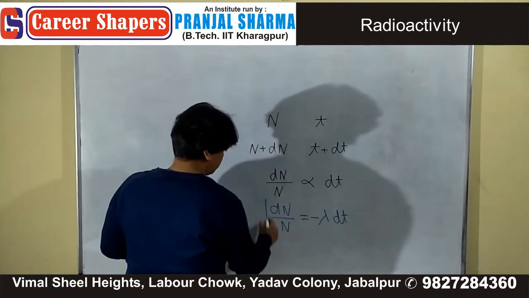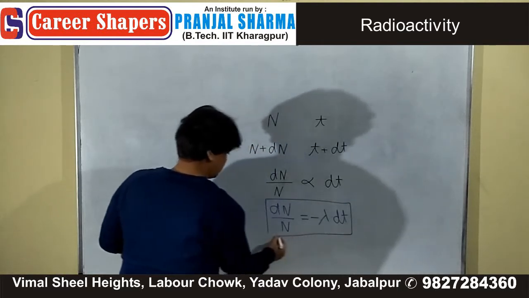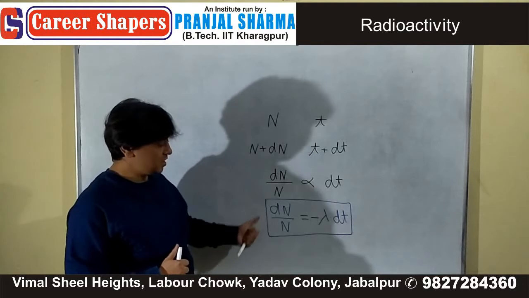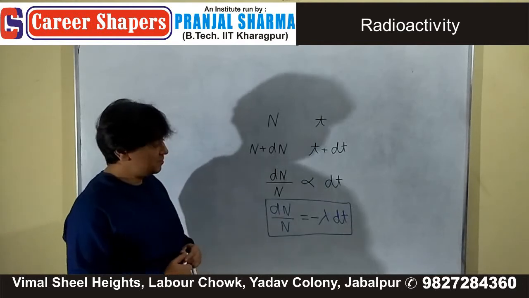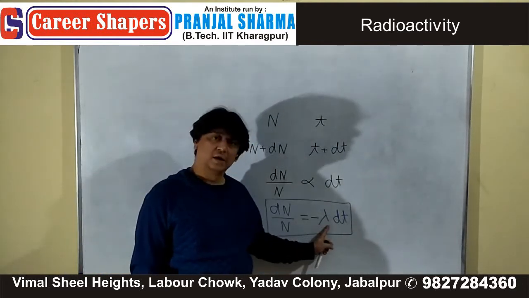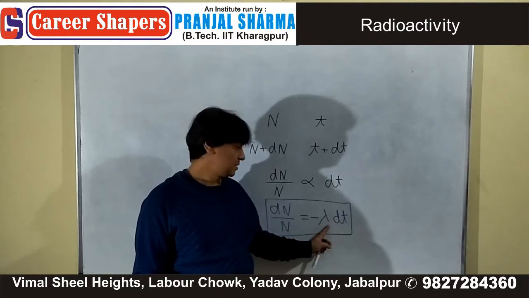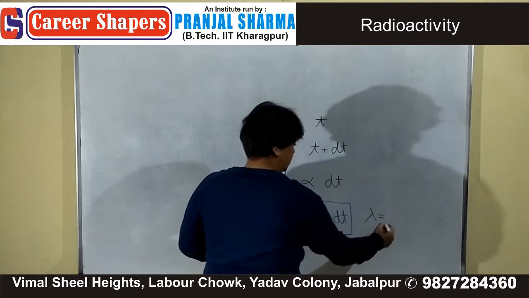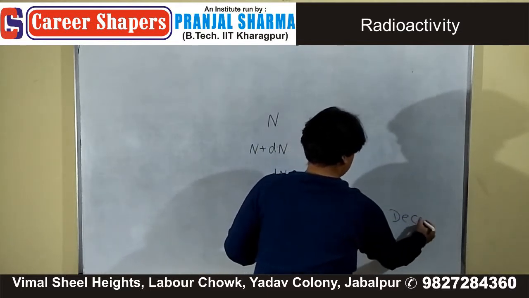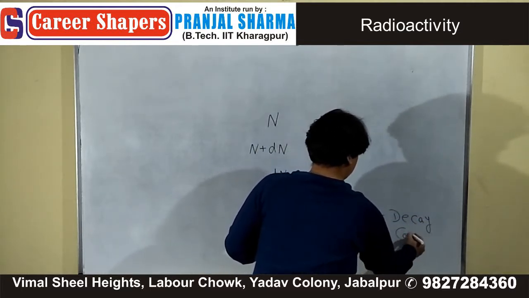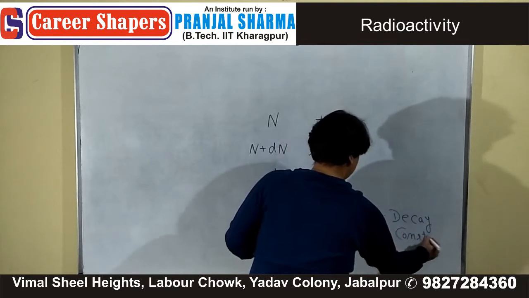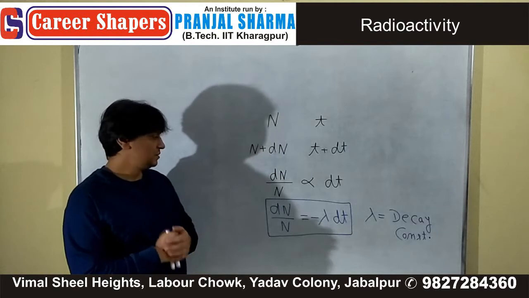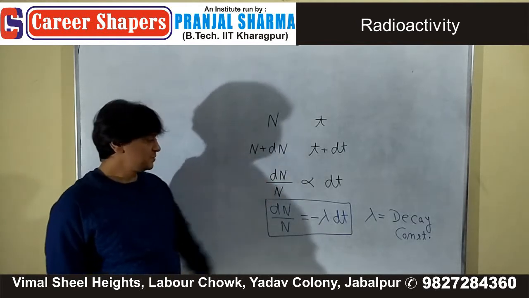This format is called the law of radioactivity: dN upon N equals minus lambda dt. This lambda is called the decay constant. And you will understand this decay constant in terms of something which you are familiar with, that is called half-life, after some time.